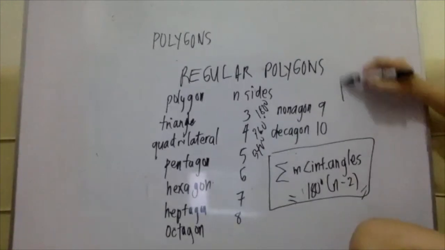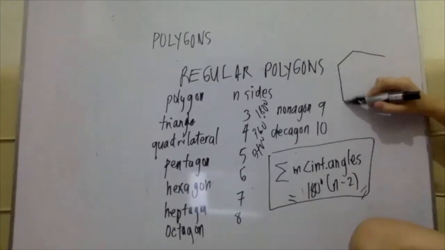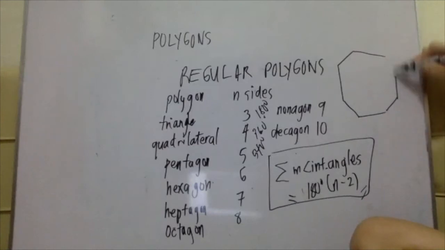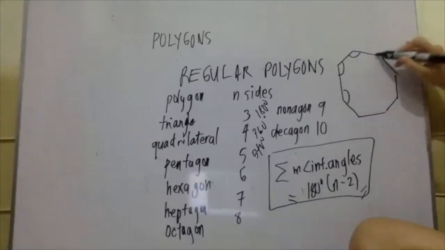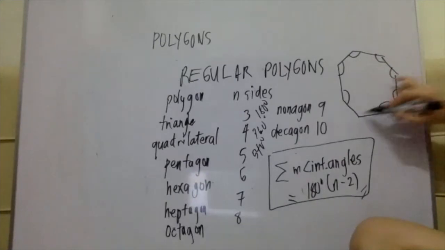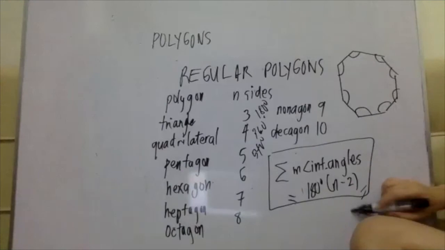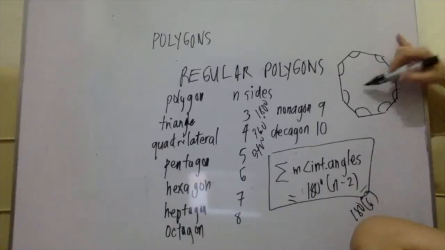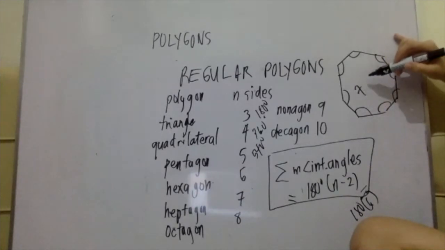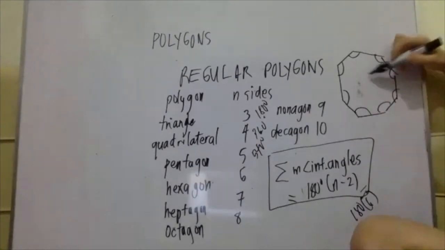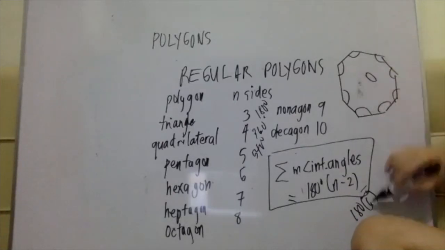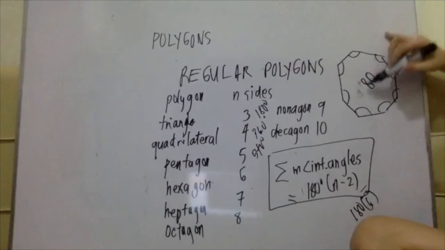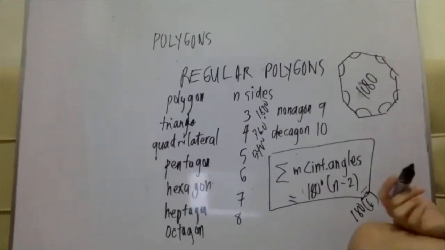So for example, if you have octagon, ang measure ng mga to, if you add it, it's equal to 180 times 8 minus 2, times 6, 6, 8, 4. 1,080.